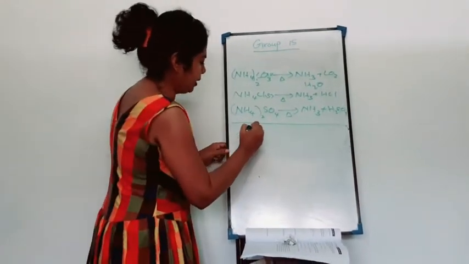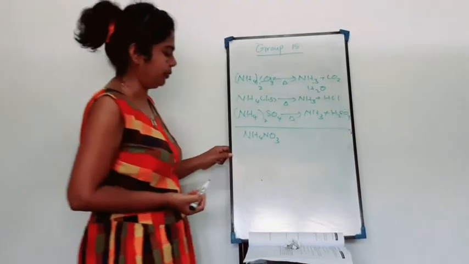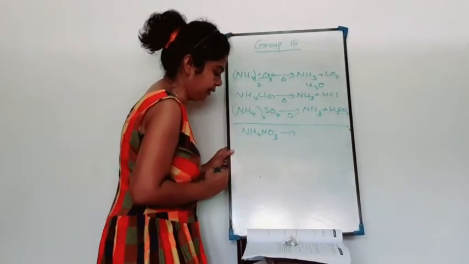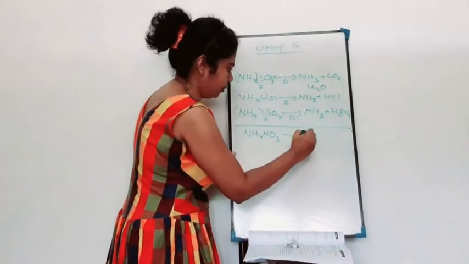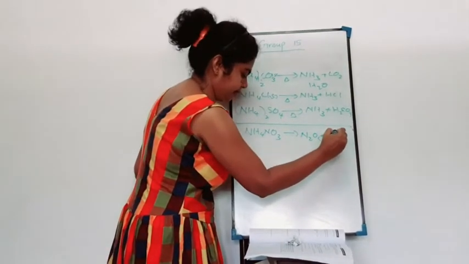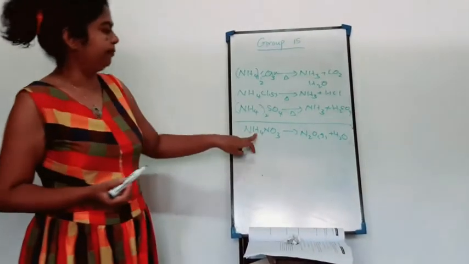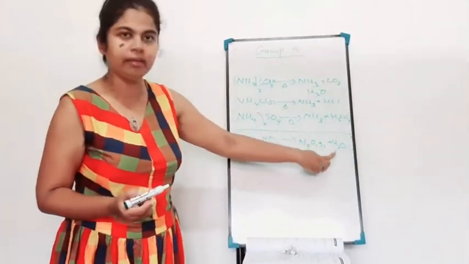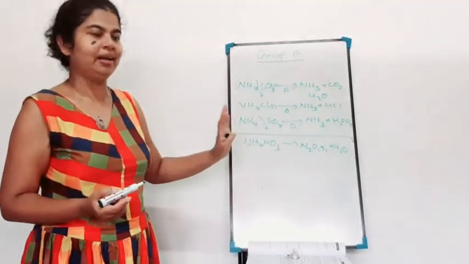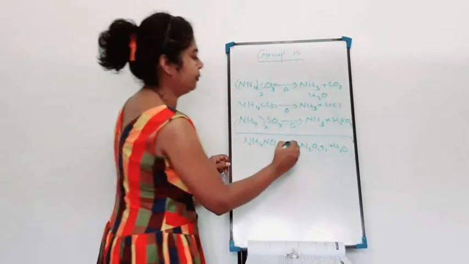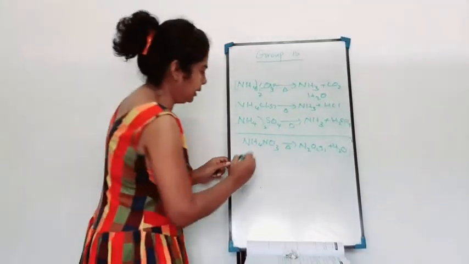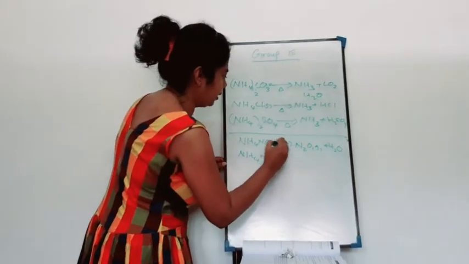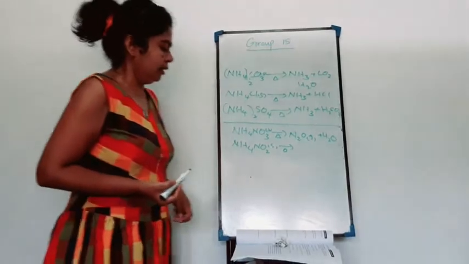Then there are other special cases. If you take ammonium nitrate, it produces N2O gas and water. That is special. Ammonium nitrate produces dinitrogen oxide and water, not ammonia. Then ammonium nitrite, NH4NO2, all solids.